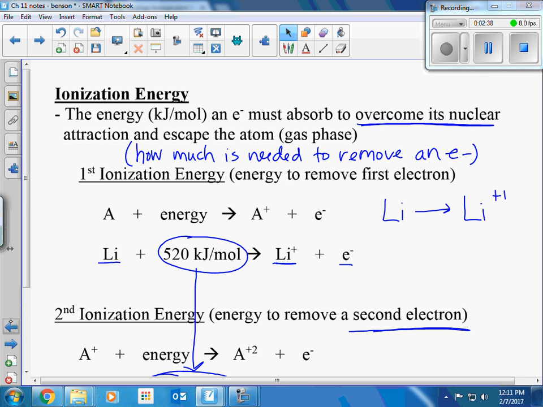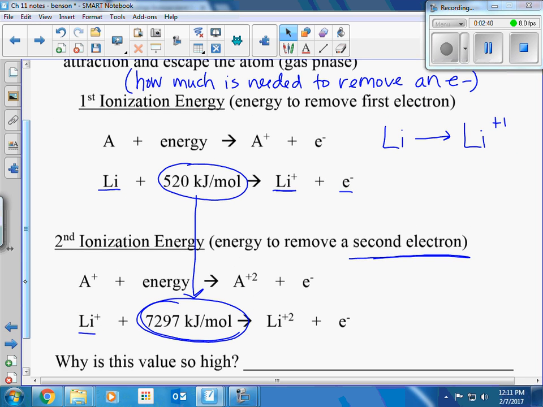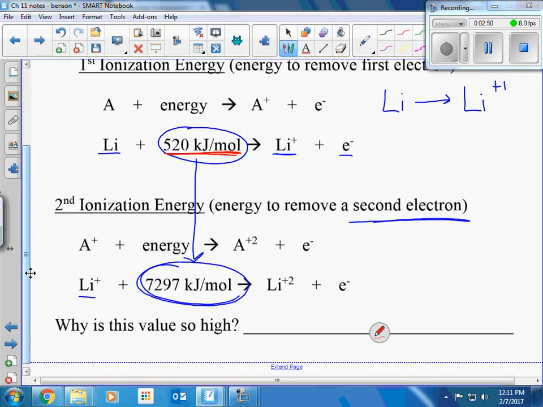So if we go back to that slide, you can see that it easily loses this first electron, only needing 520 kilojoules of energy, which is not a whole lot. And then it's going to jump up to over 7,000. Now, why is this so high?